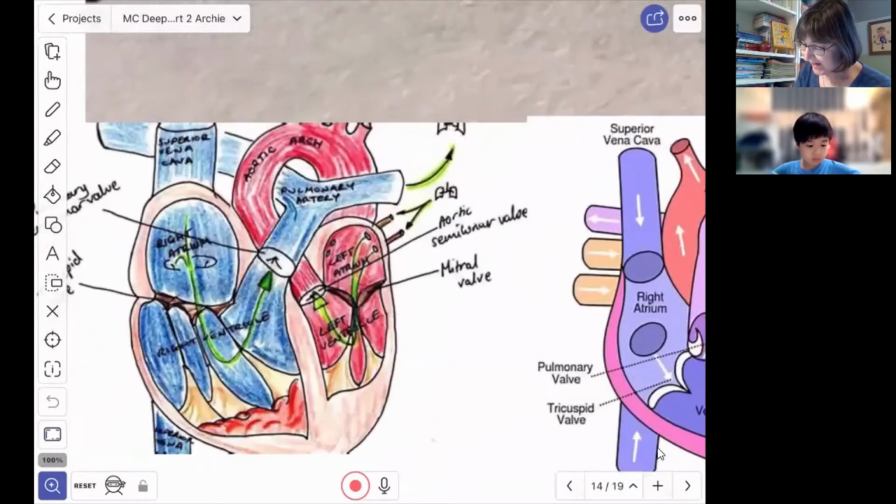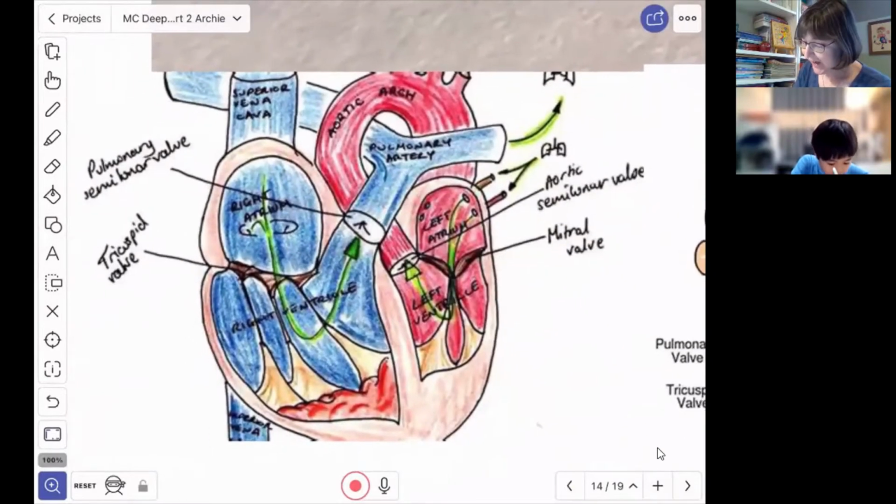So the first thing I noticed as I kept looking around last night for pictures was someone did a drawing of the heart, which I thought was a pretty cool drawing. The heart is the most important, well, I don't know. We have 2 most important parts of our body. We have our brain.